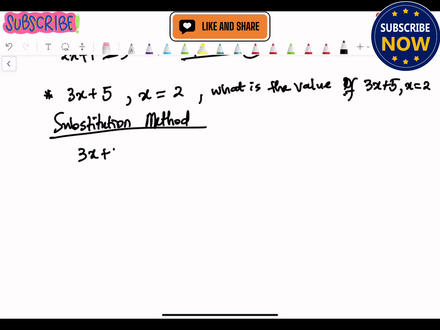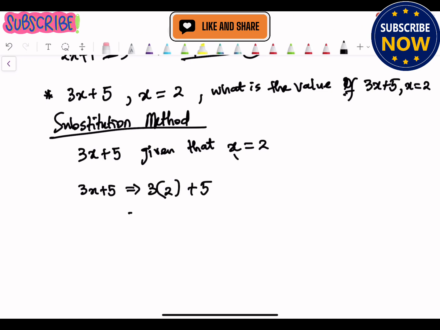We are asked to solve this given that x equals 2, right? How do we solve this? It means we substitute x equals 2 into our expression to get the value. So we have 3x plus 5. That will give us 3 into bracket x is 2, plus 5. So 3 times 2 is 6, plus 5. And 6 plus 5 is 11.